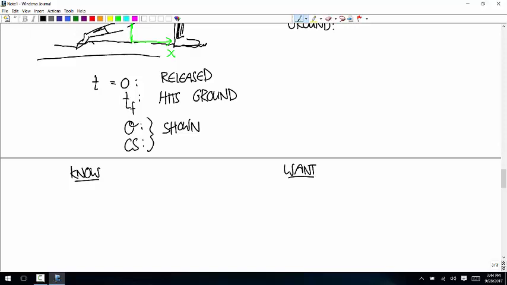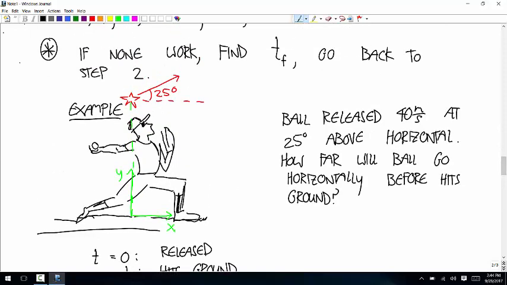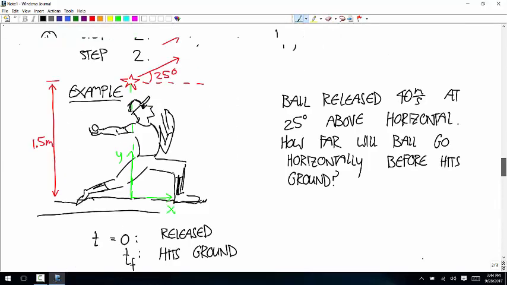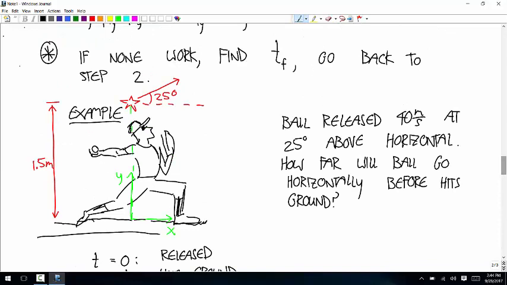Do we know anything about the initial position? Yeah, the height is 1.5 meters. This was supposed to be part of the problem. So when time is equal to 0, the ball's right here. Can we come up with either of the coordinates at that point?